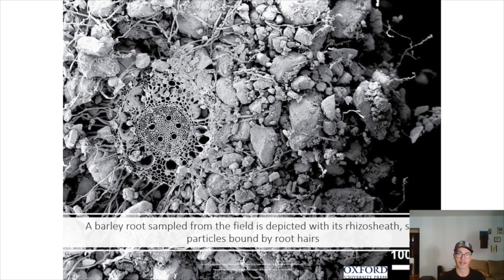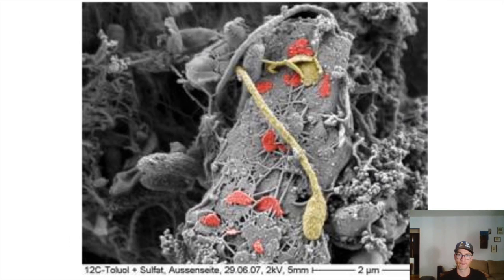And you can see that really well in this cross section here, where you can just see where there are roots and fungal hyphae, mycorrhizal hyphae that are connected to the root, really just completely enmeshed in that soil matrix.